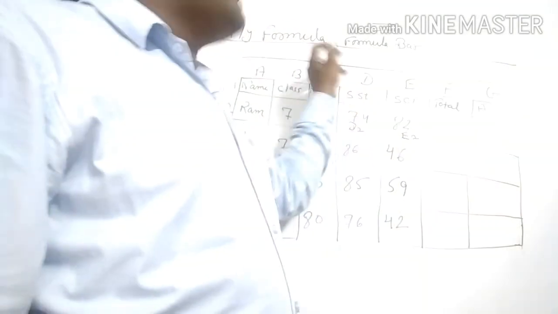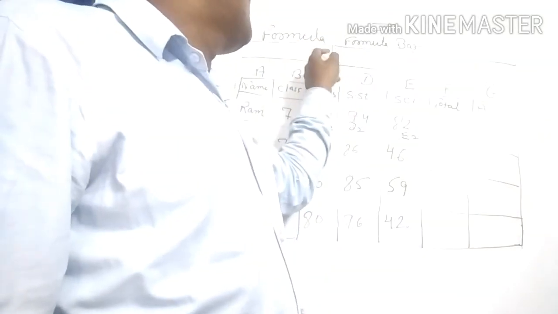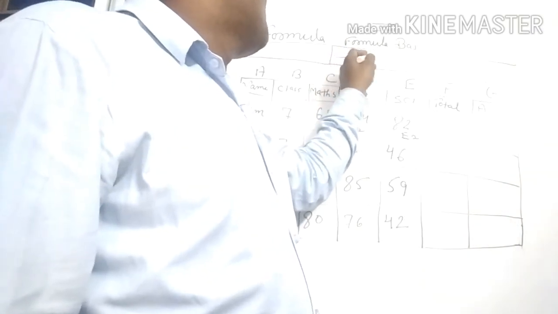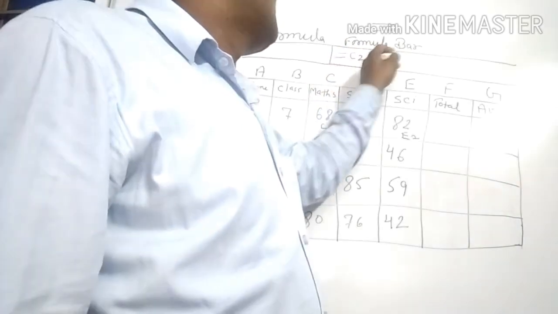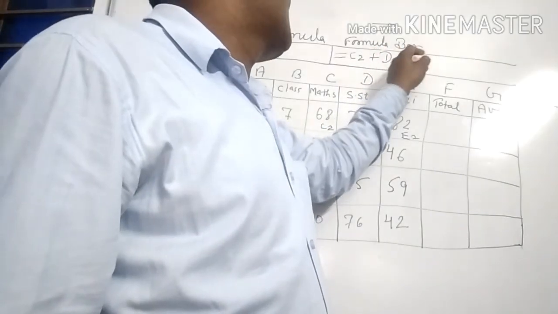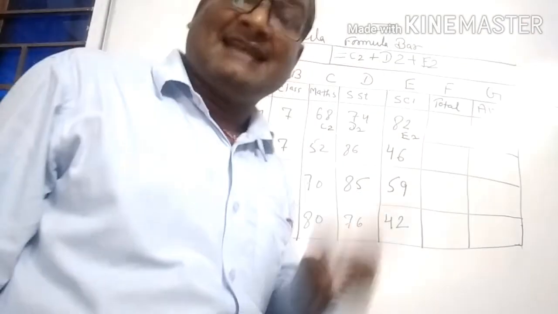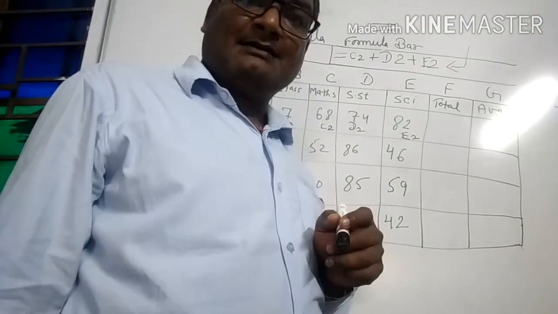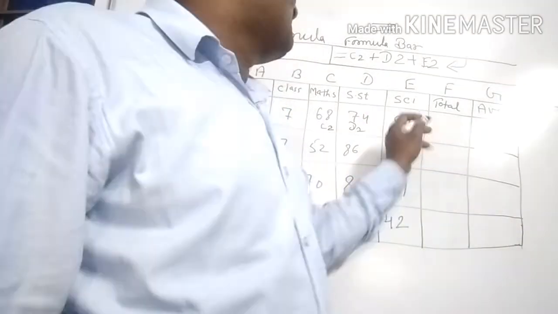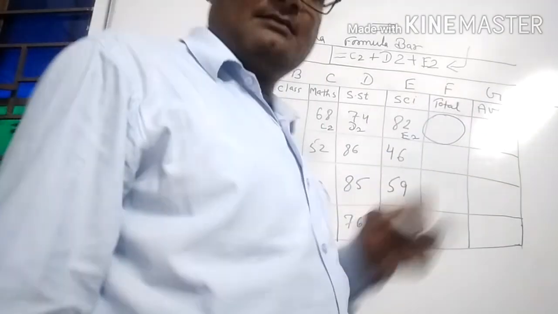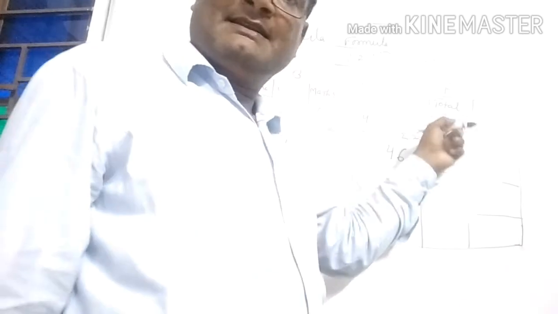For total, you write here equal to C2 plus D2 plus E2, and press enter button. As you press enter button, the total of these three subjects comes in this cell.